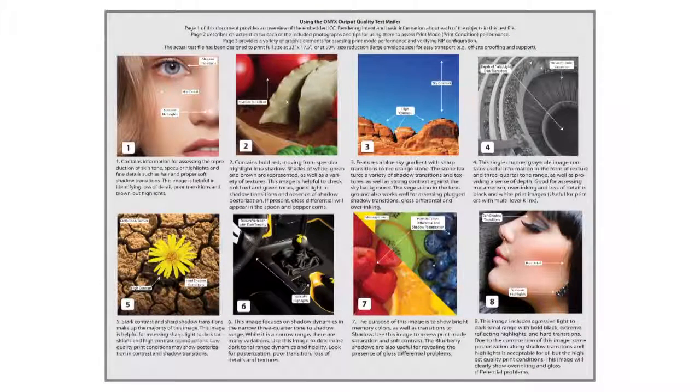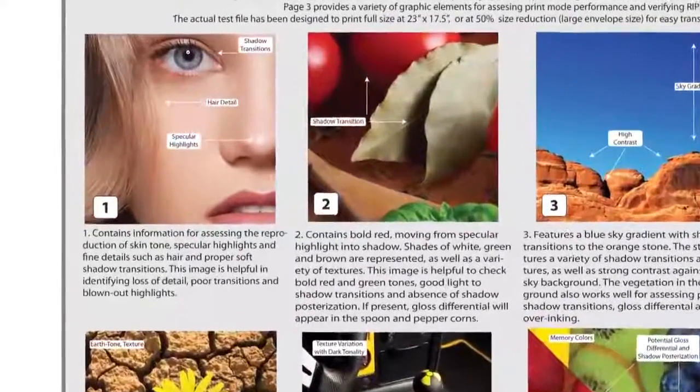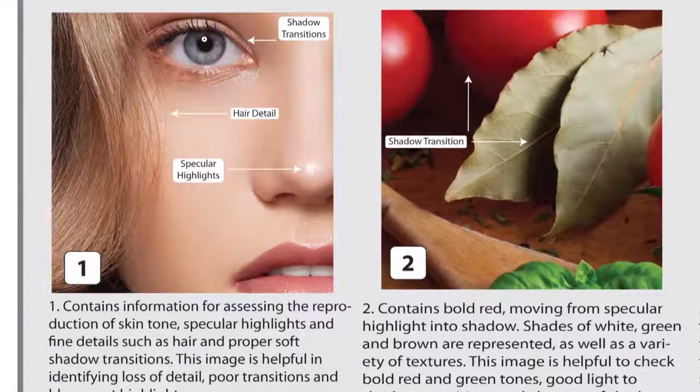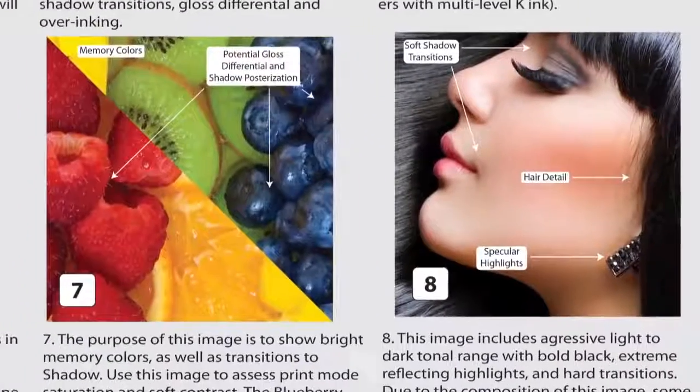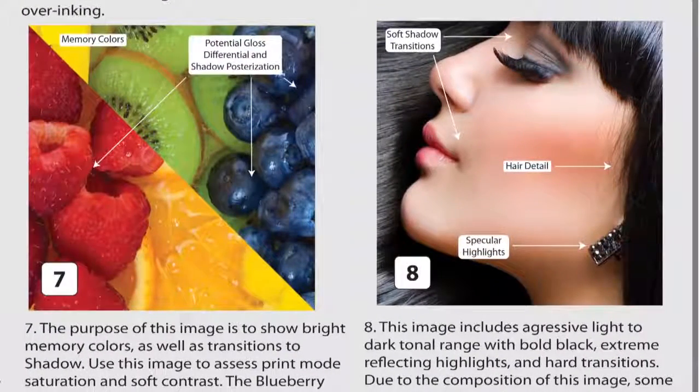Page 2 of the FAQ provides details about each of the photographic images and suggestions for evaluating one's print condition. These qualities range from smooth highlight to soft shadow transitions, transitions from color to shadow, subtle transitions between dark and very dark colors, overall tonal transition from full highlight to full shadow, as well as gradients, detail, contrast, and gray balance.